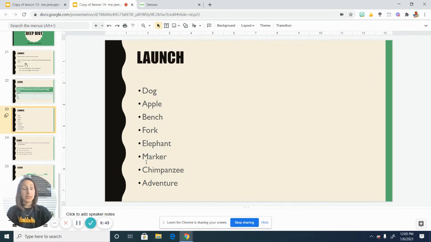Marker starts with a consonant, so we would use "a marker." Chimpanzee, what do you think? Yeah, "a chimpanzee." And what about this last one, adventure? Yeah, adventure starts with a vowel, an A. So we would say, "we are going on an adventure." We wouldn't say "a adventure."